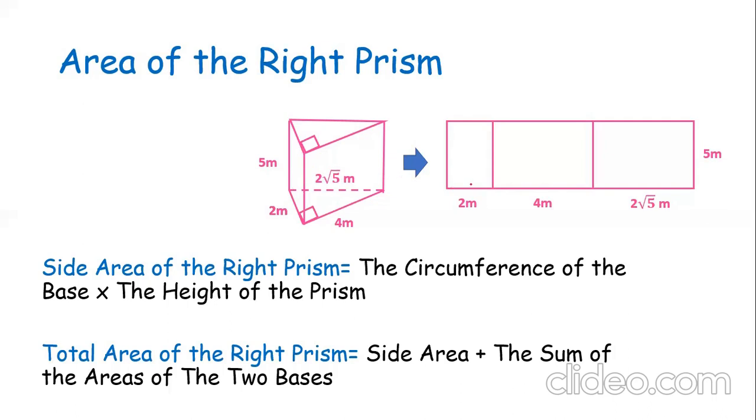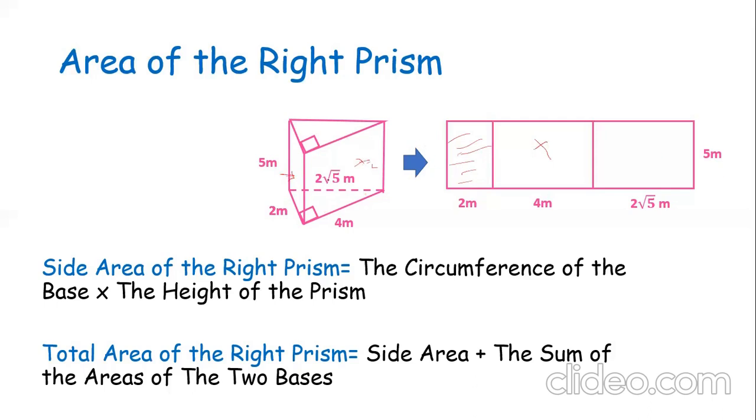So we get 3 parts here. Each is related to one of the vertical sides of the right prism. So here, for example, this one is that vertical side. Okay, and this one here is this vertical side.